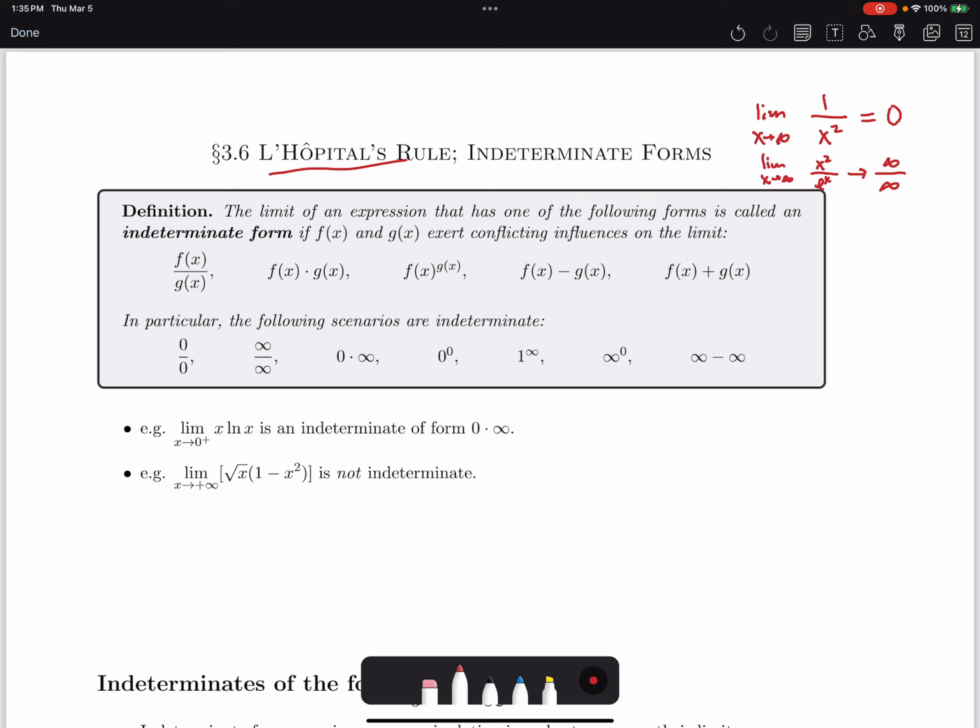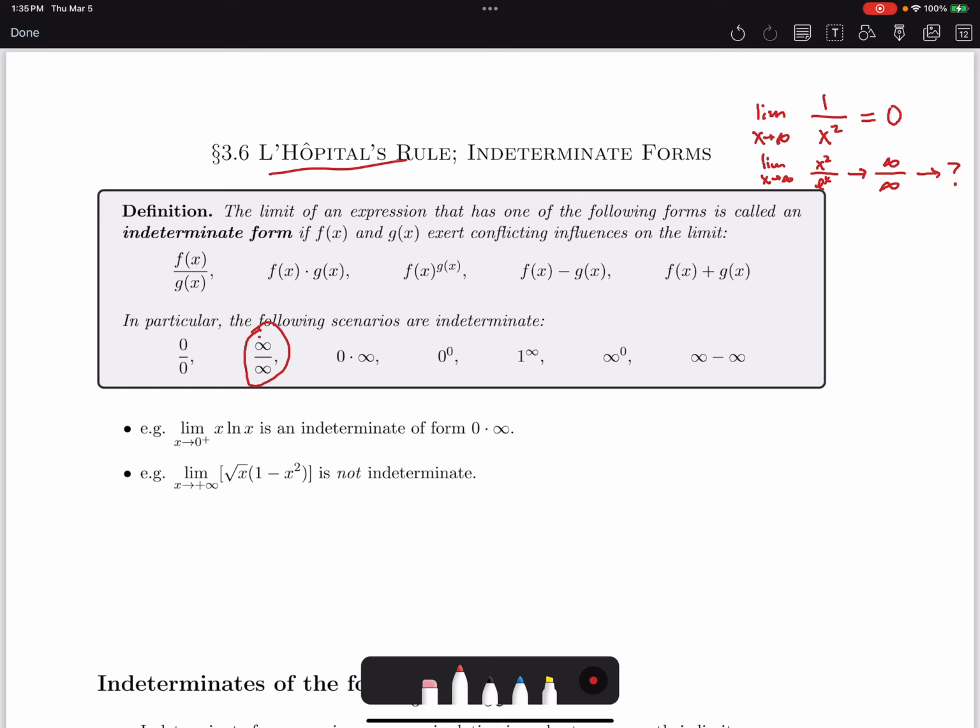And so the question is, what happens? Does this go to 1? Does it go to 0? Does it go to infinity? The answer is we're not really sure in the format that it's in right now. We would need to do a little bit more work to figure out where this limit goes, and so we call it an indeterminate. Something of the form infinity over infinity is indeterminate.